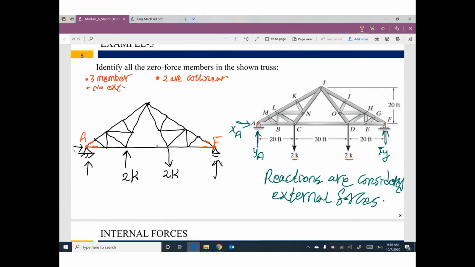That's right? What about this joint? How many members here? I'm talking about joint number n. This joint. How many members at this joint?